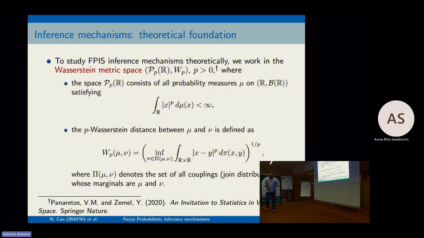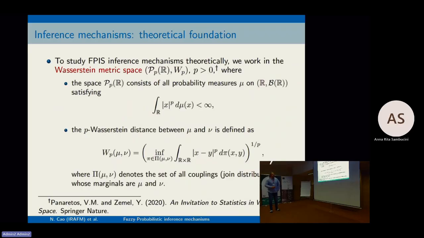But we need to go to some deeper theory. This deeper theory is the Wasserstein metric space. What is the Wasserstein metric space? It is a pair consisting of the space of probability measures, here we consider the one-dimensional case, satisfying the property that the p-th moments of the probability are finite.